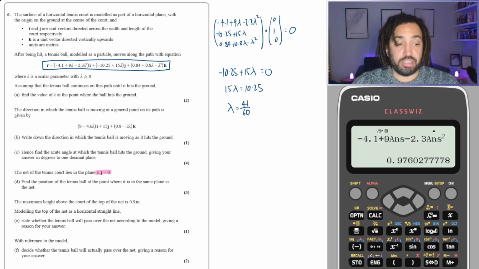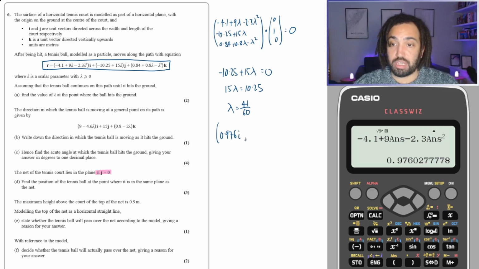Okay, so substituting into the x is going to give me 0.976 i, and then we'll substitute into the next one, which is going to give me 0, obviously, seeing as we've just proved that it will do.